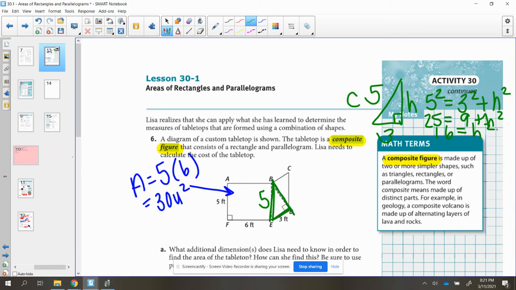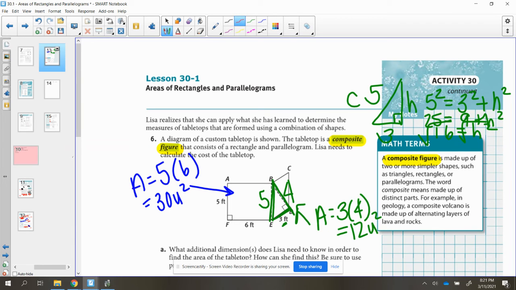So h squared is 16, which means our height here, when we square root, is 4.